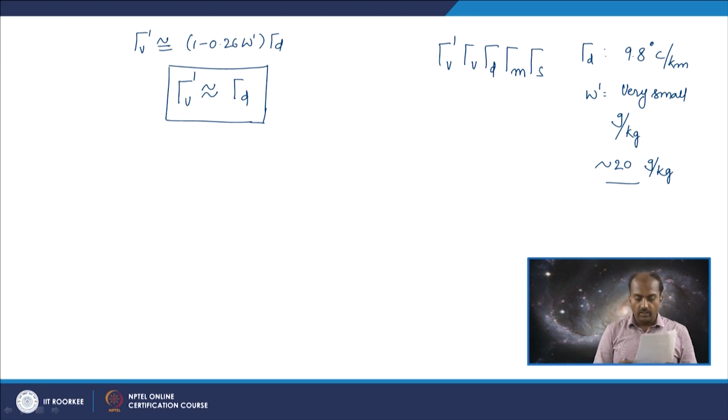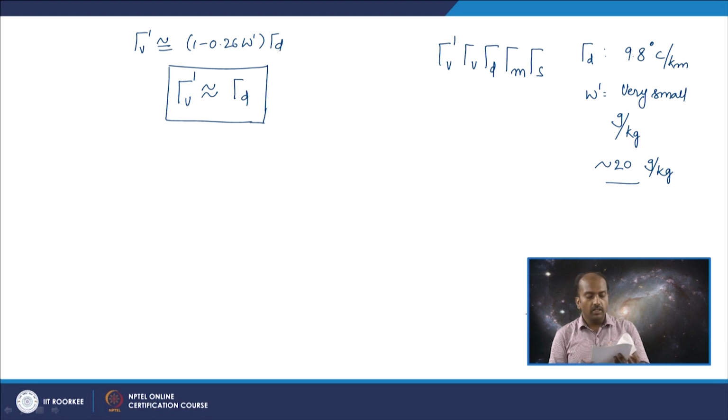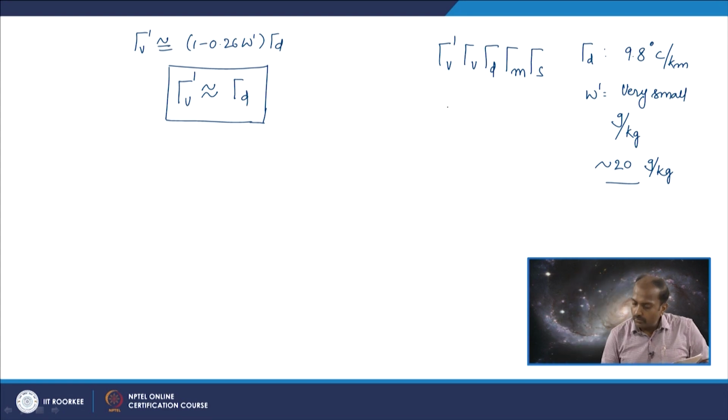If that is the case, we can rewrite the conditions of stability just in terms of the dry adiabatic lapse rate. But before that, let us remember them: gamma v prime greater than gamma v, gamma v prime less than gamma v, and gamma v prime equals gamma v.